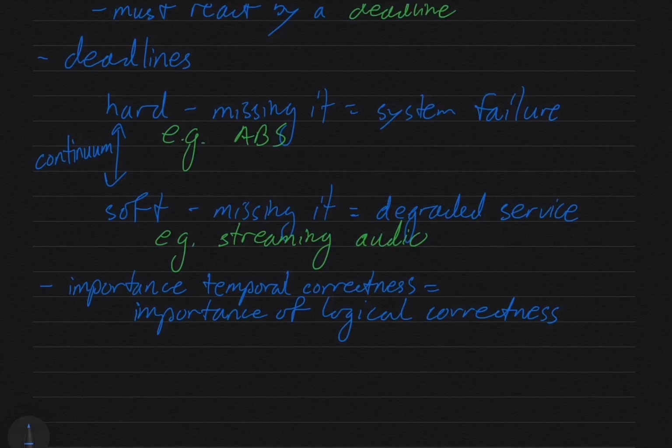With temporal correctness, you want to make sure that things happen at the right time. And usually it's not good enough to just run some test cases. That's not going to prove that. Timing errors can be hard to find. So it needs to be proved analytically, and we will do that when we get to the scheduling unit of the course.